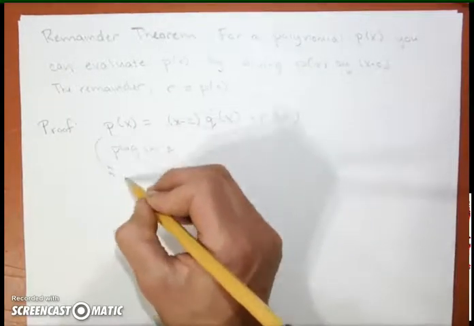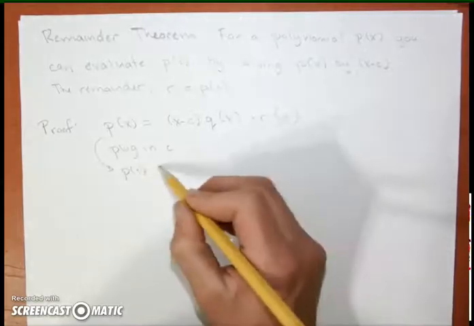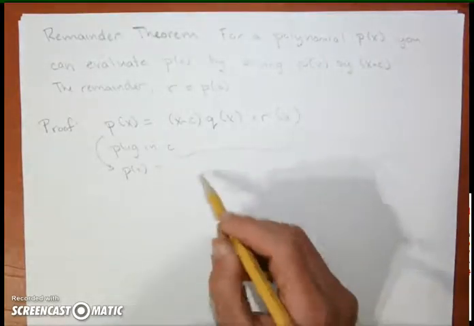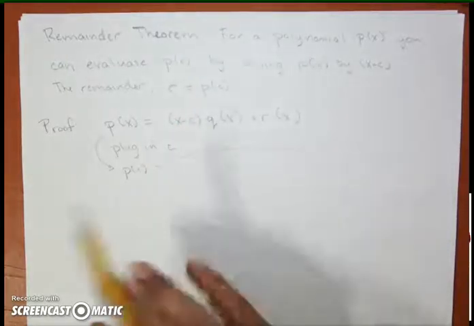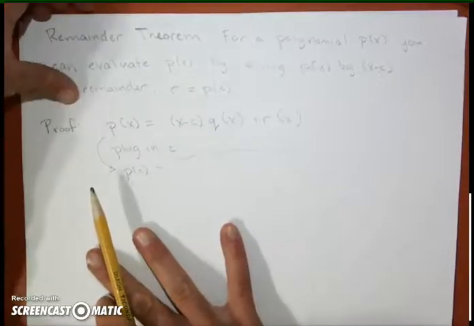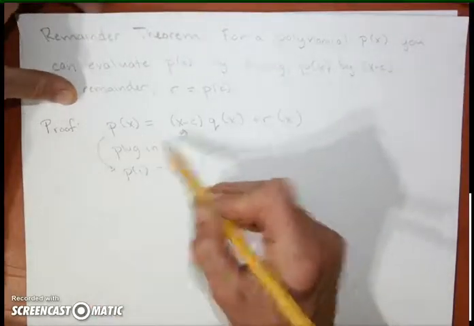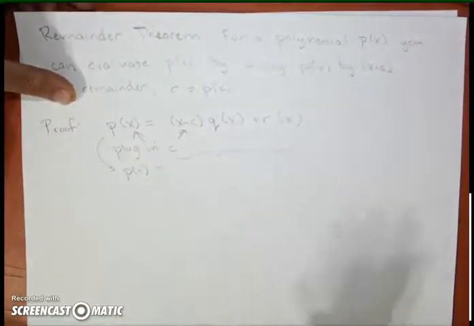Because then on this side you'll have p of c, and on this side you should end up getting just a remainder if you do it correctly. So you want to plug in c to both sides for x. That proof, I'll give you extra credit if you show it to me.